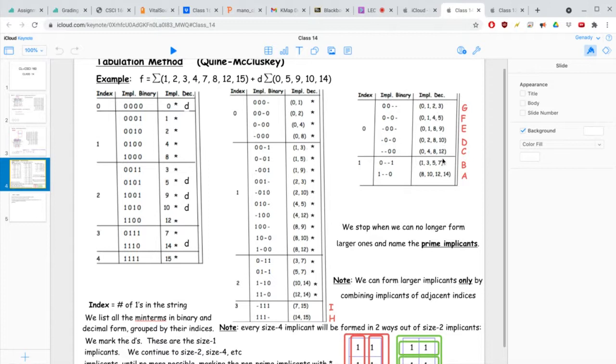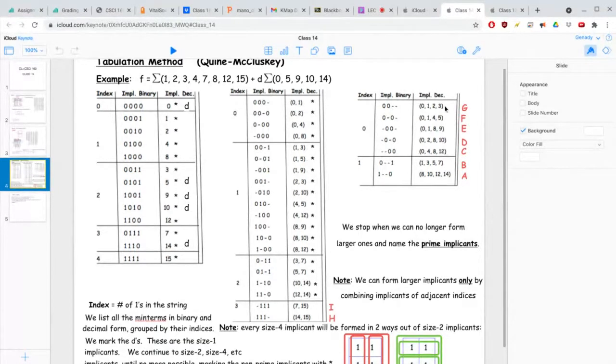We see 15 right here, so okay, found it already. Now let's see if we see 7 somewhere else, and there we see it. So we found both 7 and 15. That means that I is not essential. Now let's go to H. Well, already 15, somebody else has 15. How about 14? A has 14, so H is not essential also.